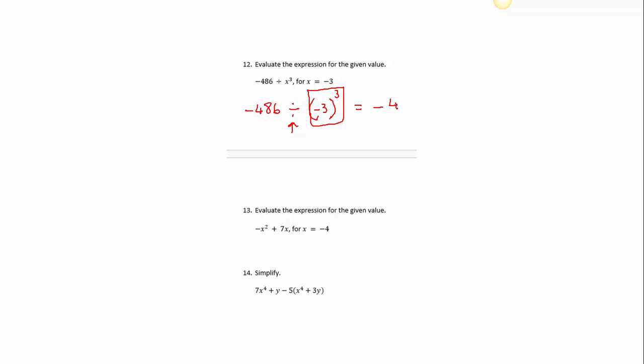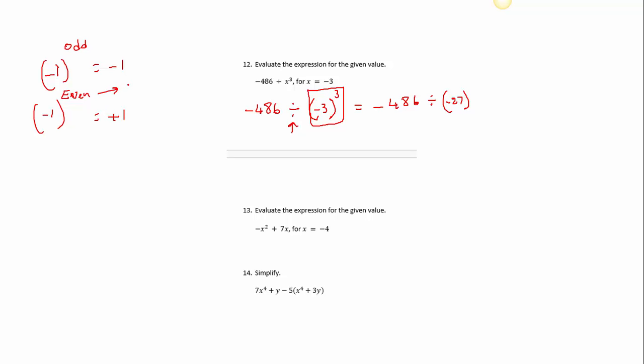So this is negative 486 divided by negative 3 times negative 3 times negative 3. That's negative 27. Negative 1 raised to an odd power will stay negative, and negative 1 raised to an even number is positive 1.